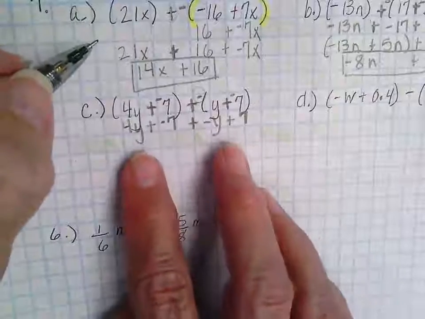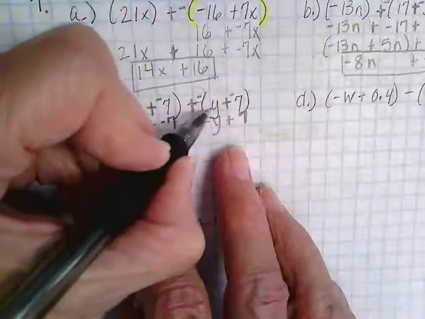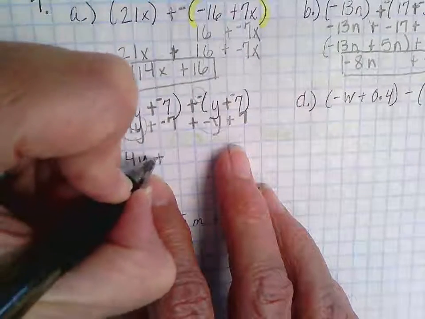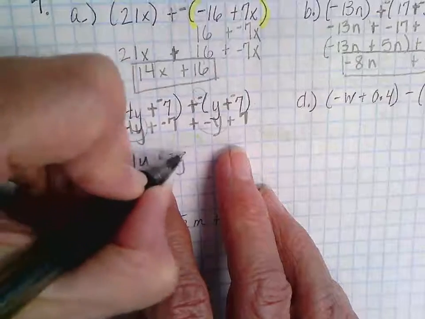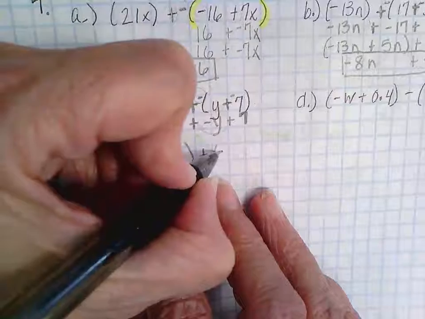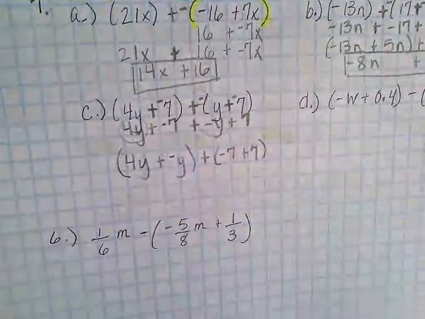So now I'm going to group my like terms together. I'm going to put my y's with my y's, and I have 4y plus a negative y, and then I'm going to add a negative 7 plus a positive 7.